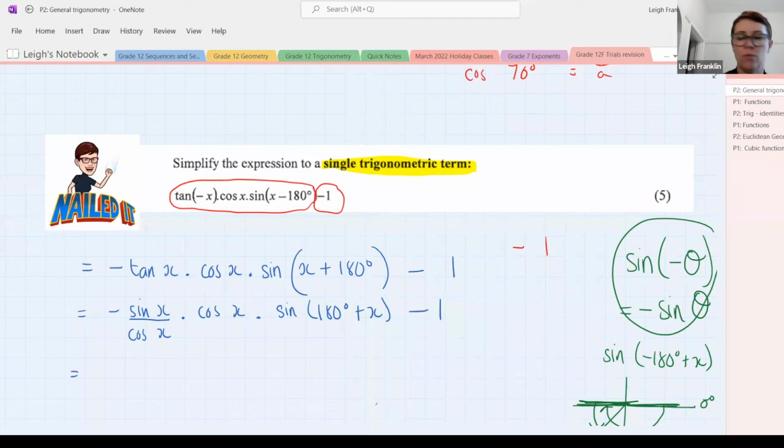Because we are multiplying, I can say that cos x divided by cos x is 1. So this leaves us with minus sine x times sine 180 plus x, which is third quadrant, quite right, Nick. So this becomes minus sine x minus 1.